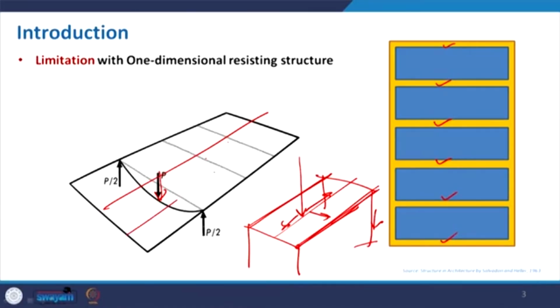In order to overcome that, we may add some members and make a grid form. Then on load applied, that will be distributed in a much better way.